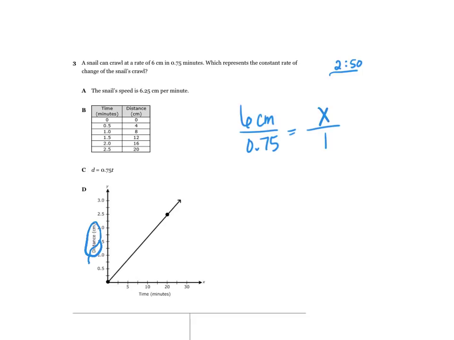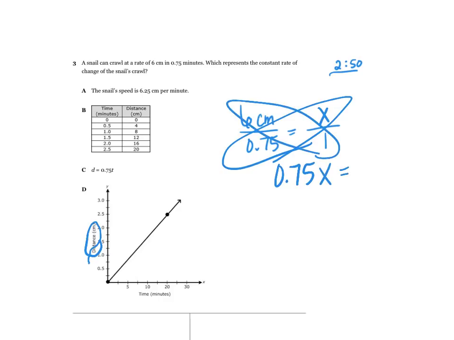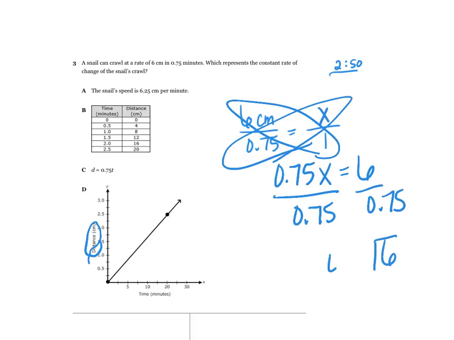So if I set that up, I would get 0.75x equals 6. And it actually goes in here evenly. It's actually 8. Yeah. Okay?